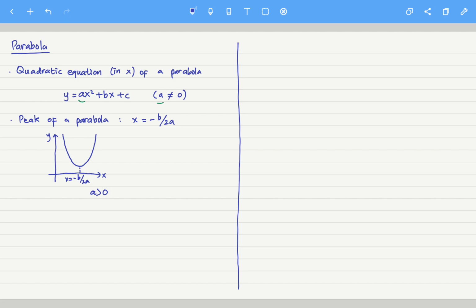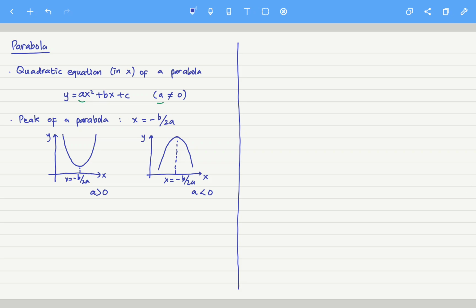And if a is less than 0, this is x, this is y, then the parabola will be like this. So the peak will happen at minus b over 2a, and this is an example for a less than 0.